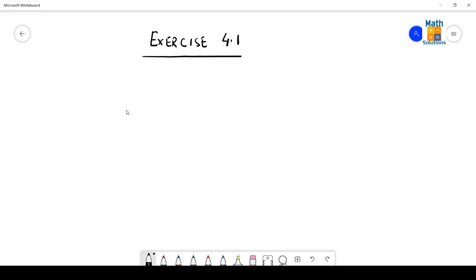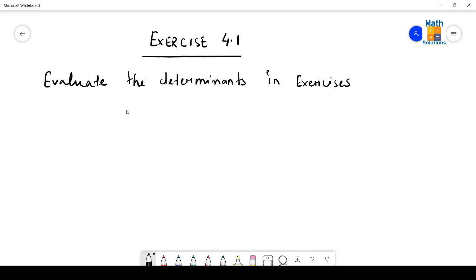The first question is what? Evaluate the determinants in exercises 1 and 2.